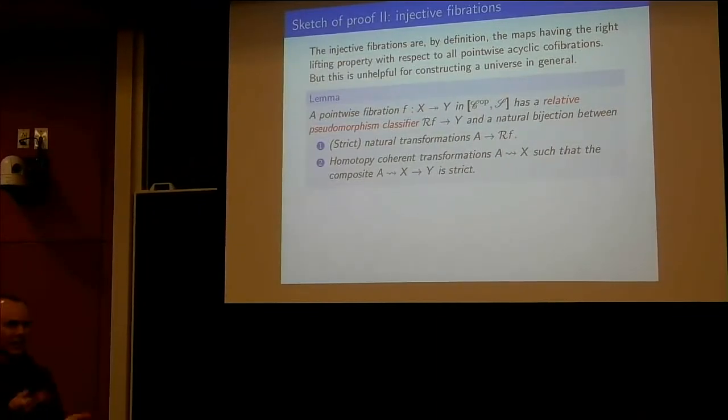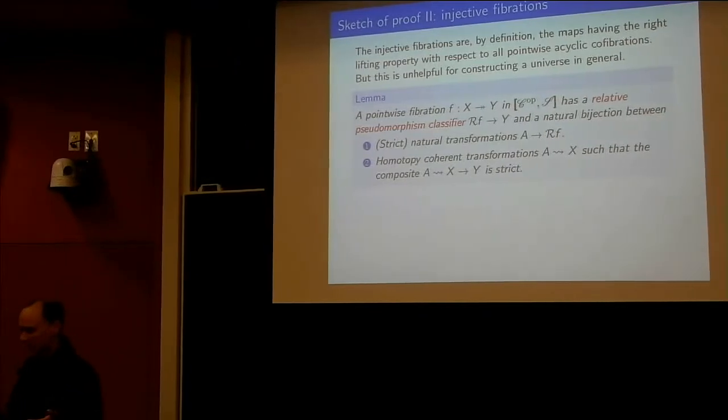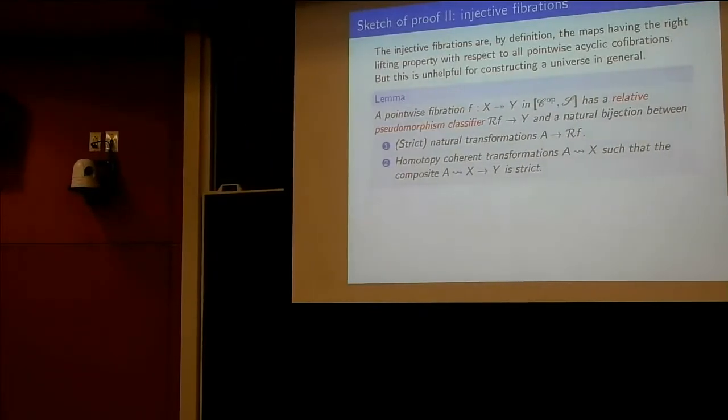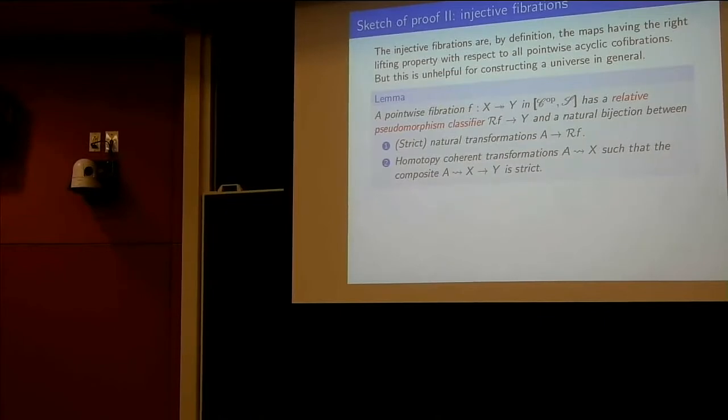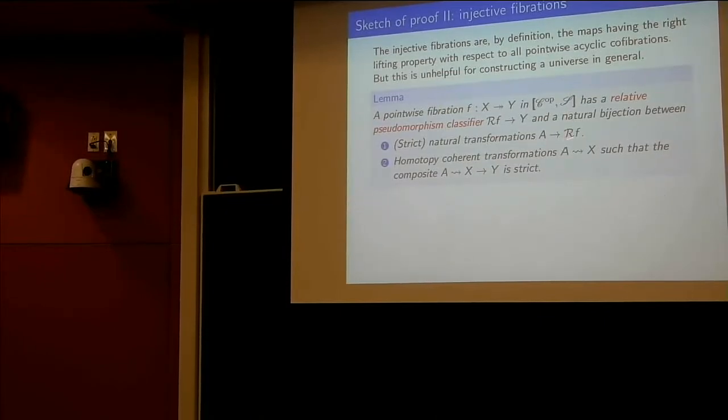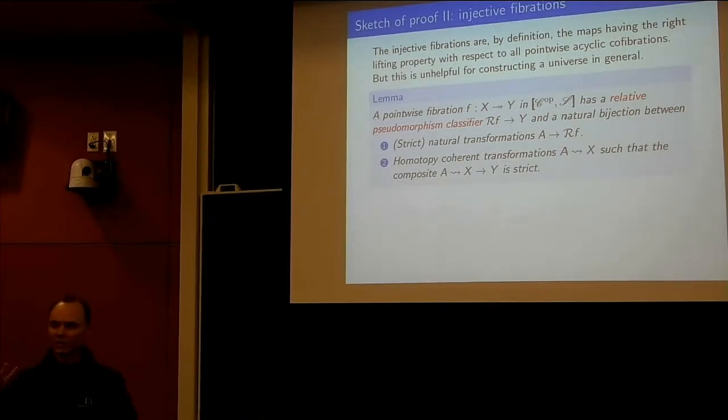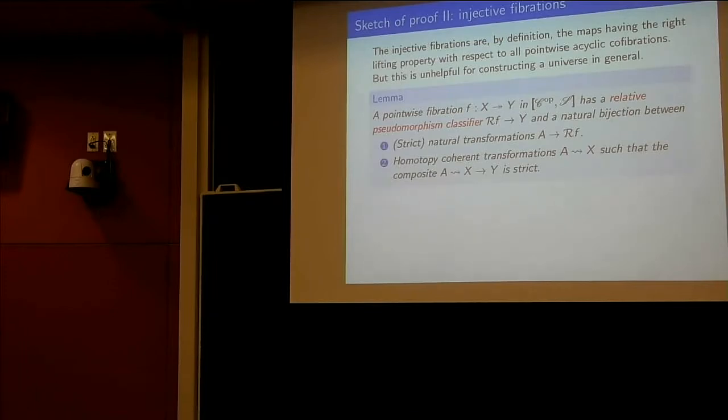Now, I'm not defining for you what I mean by homotopy coherent transformation. Probably the most efficient way to do that is to write down an explicit definition of this guy and then define a homotopy coherent transformation to be a map into it. The definition of this guy is what's called a cobar construction in classical homotopy theory, if you're familiar with that.